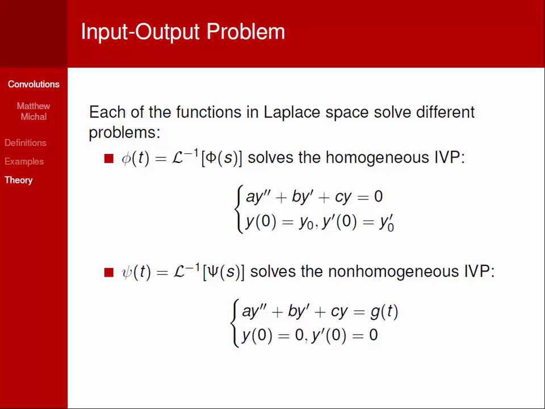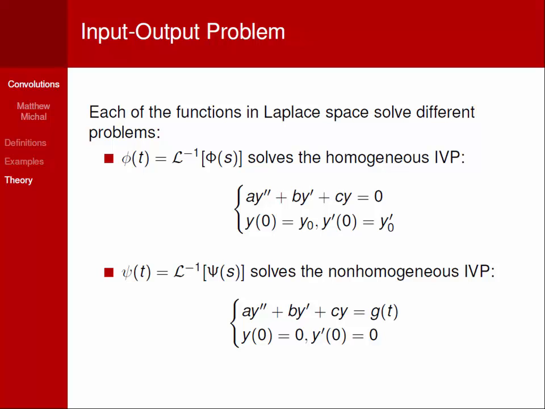So complementary, particular. Also, the first one should be any number for y or 0. Any number you want. For the second one, yeah, it's 0. So the homogeneous has to be 0 to complete the problem.